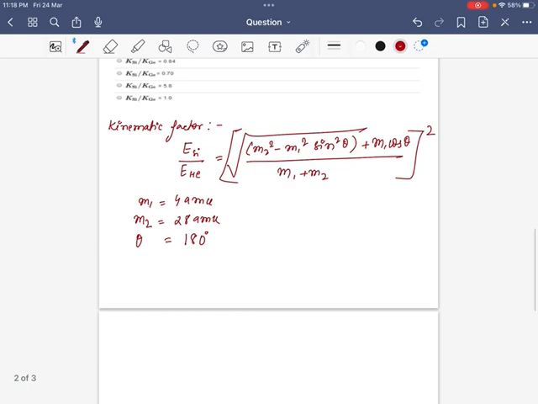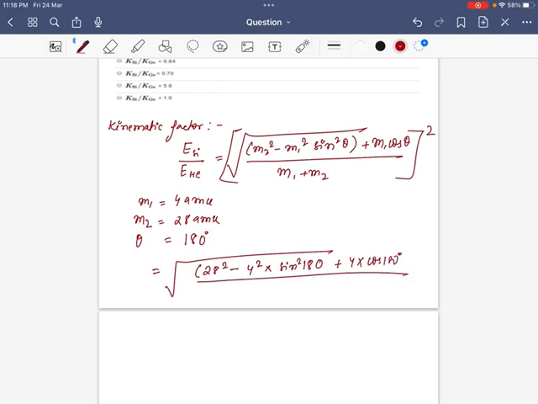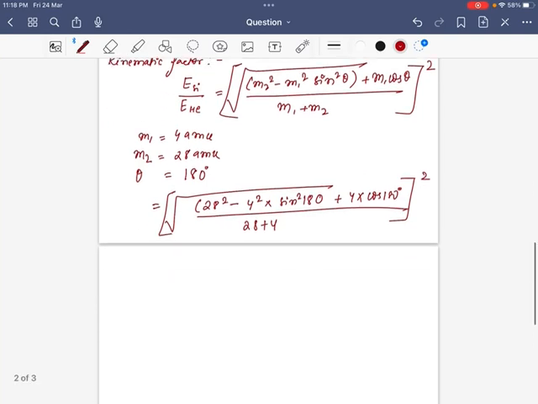So calculating the ratio, it is equal to root under 28 square minus 4 square times sine square 180 degrees, plus 4 times cos of 180 degrees, over 28 plus 4, whole square.